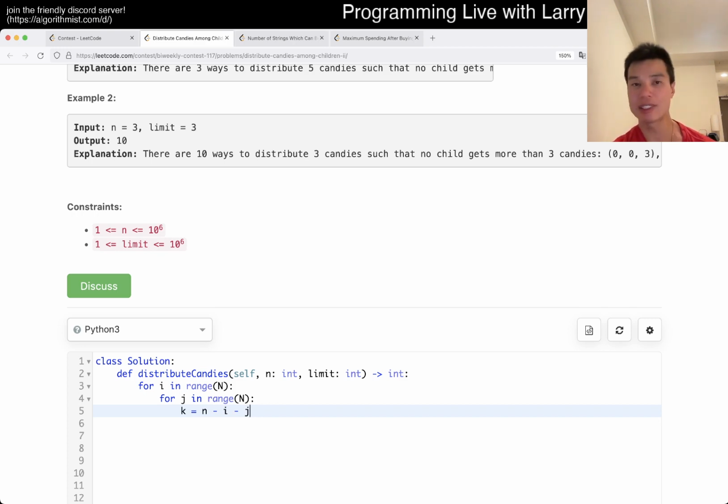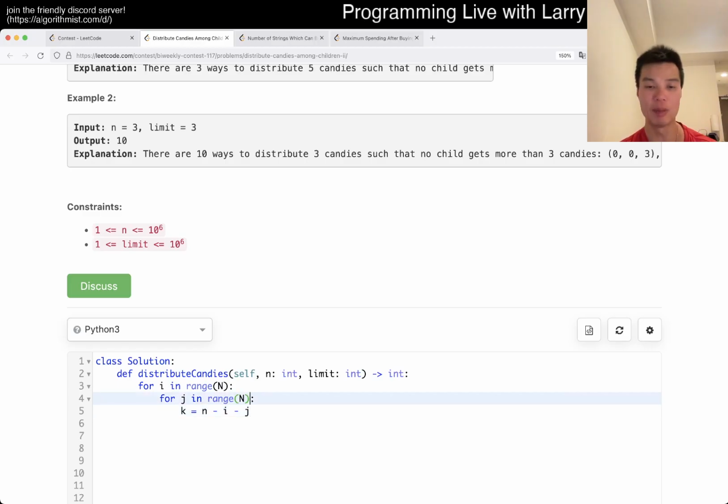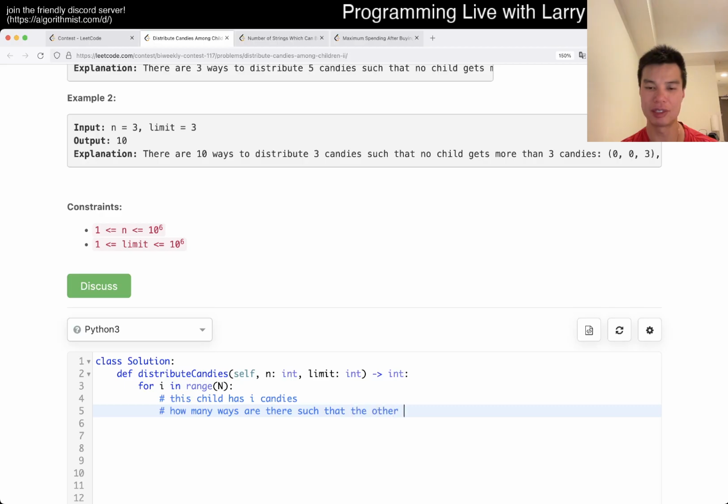But at the end of the day, the idea is just to eliminate another loop, so that for one of the children, you can figure out, okay, this child has i candies. How many ways are there such that the other 2 children have n minus i candies, right?